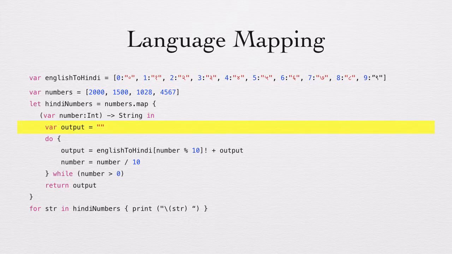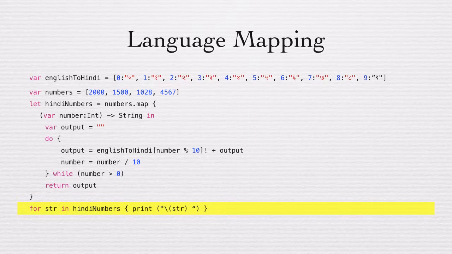We create a variable for storing the output of mapping. We write a do-while loop to extract each digit of the given number. The mapping itself is done by simple array lookup. The function returns the map string.